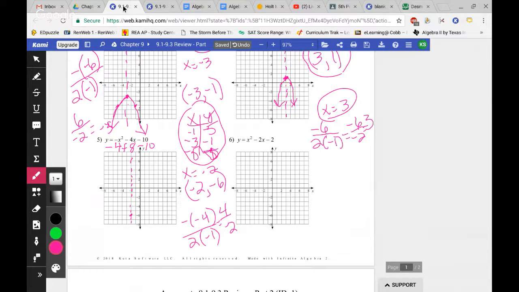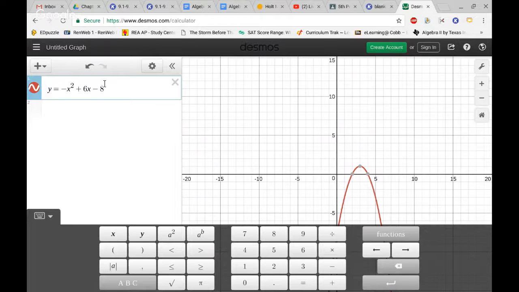And it looks like it's going to go upside down. So let's go over here to Desmos. Is it -4x? Yes. Is it +8? No, it's -10. I was totally wrong.